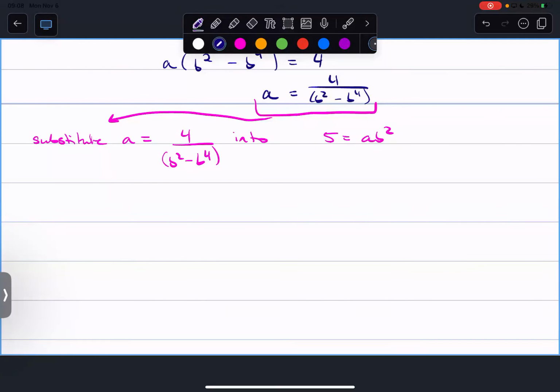Which means that 5 must be equal to 4 over b squared minus b to the 4 times b squared.